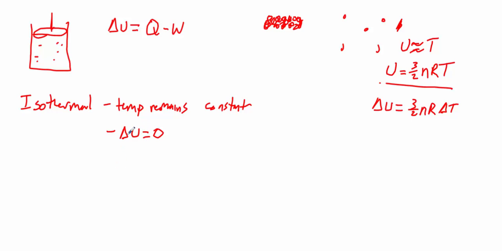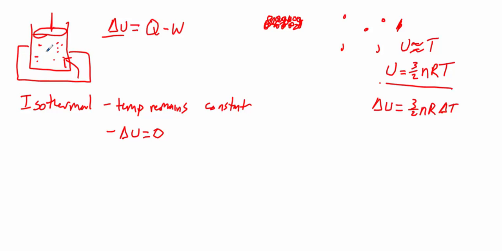So let's think about what happens. If I put this thing in contact with a big heat reservoir, so this has got some thermal energy, this thermal energy is going to increase the thermal energy in here. We're going to add heat. But I don't want the internal energy to actually increase.